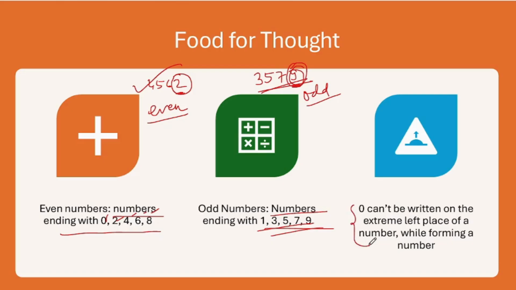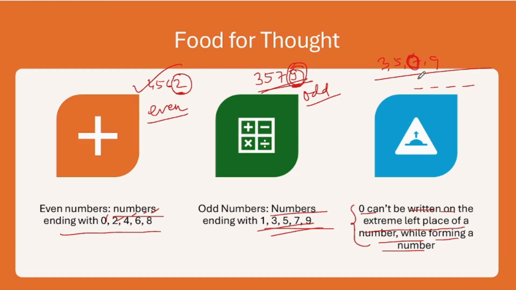I have already told you during the previous slide, when we were solving the question, 0 can't be written on the extreme left place of a number while forming a number. Let's say four-digit number. There are four digits given, 3, 5, 0, 9. And you have to form a four-digit number.